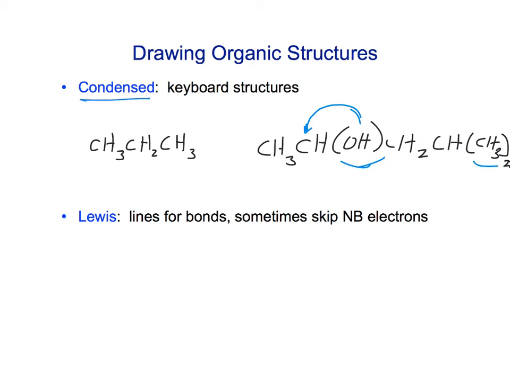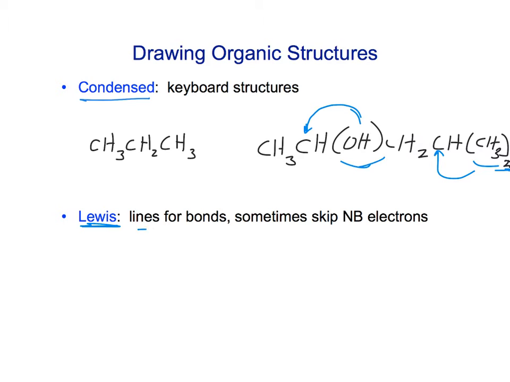The parentheses here tell us there's two of these CH3 groups both attached to this carbon right here. Alright, so this approach is fine for simple molecules, but it's not very good if we're going to draw much more complicated molecules.